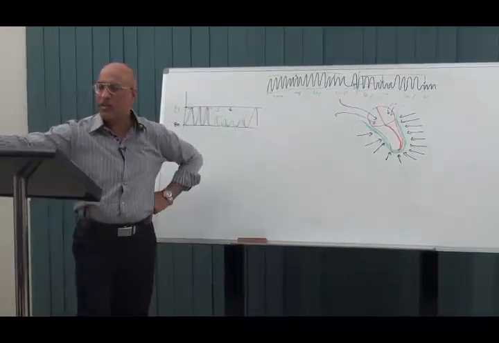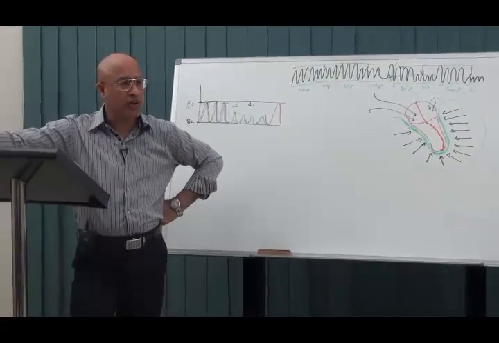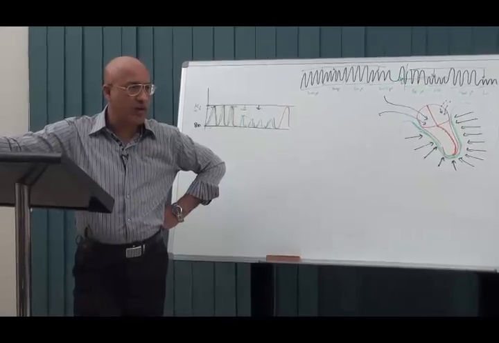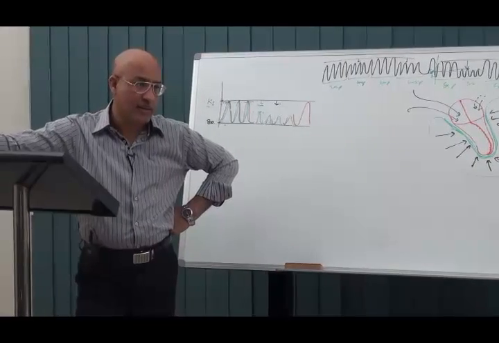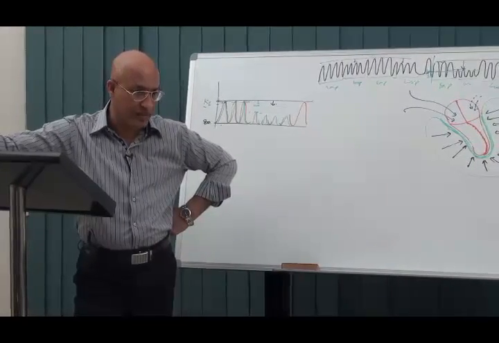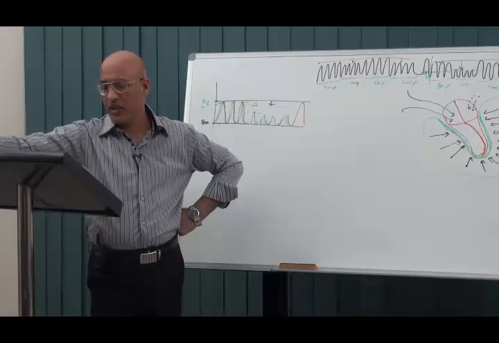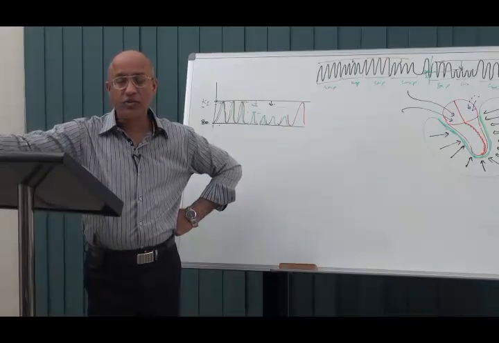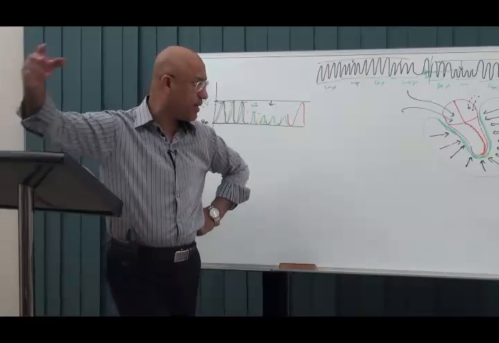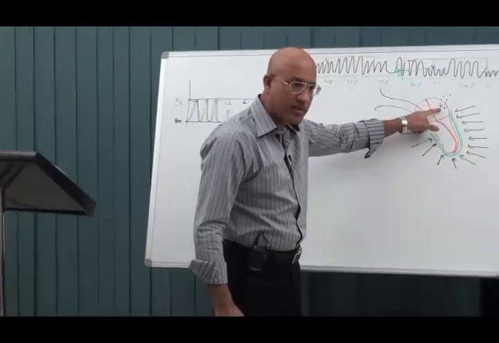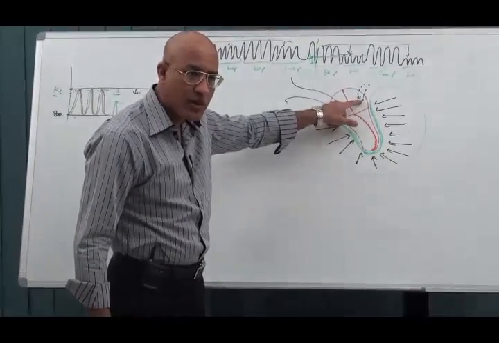Then some other conditions in which pulsus paradoxus is positive. One I told you, of course, cardiac tamponade. Then there are obstructive airway diseases where there is too much negative intrathoracic pressure. Then pulsus paradoxus may also be present in pulmonary embolism, because if there is pulmonary embolism, the right heart cannot pump into the lungs.